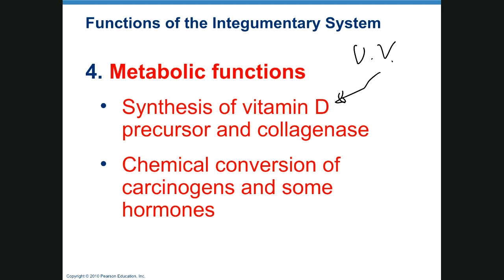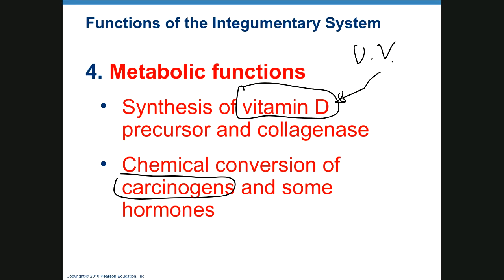Now we know that it's also important in the conversion of carcinogens and protection from carcinogens. So it is a crucial vitamin. And so we need sunlight in order to make vitamin D, but too much sunlight will create mutations that may lead to skin cancer.